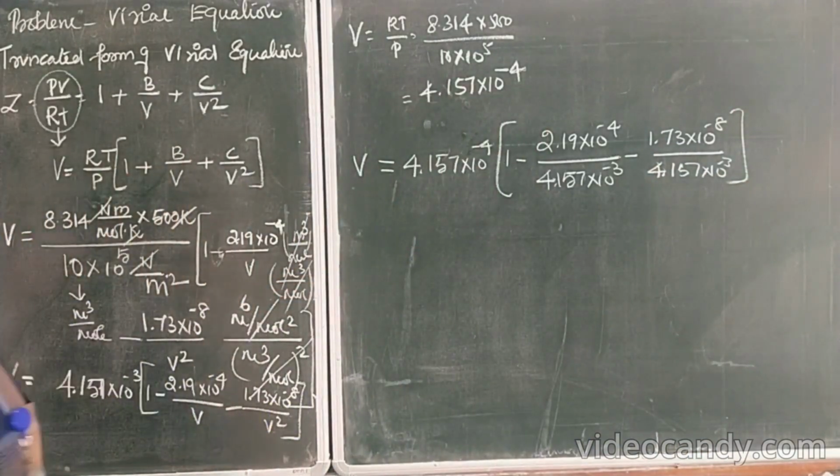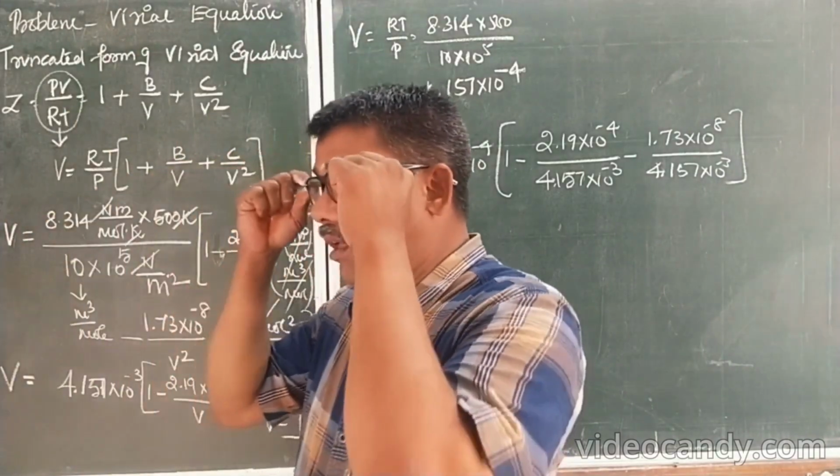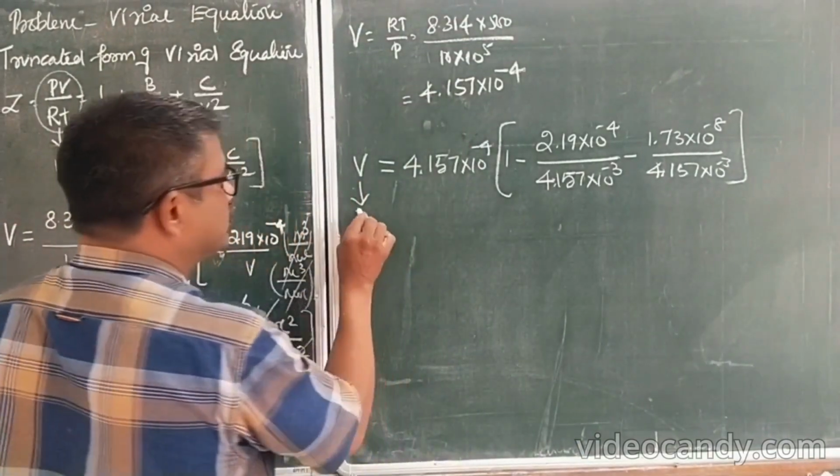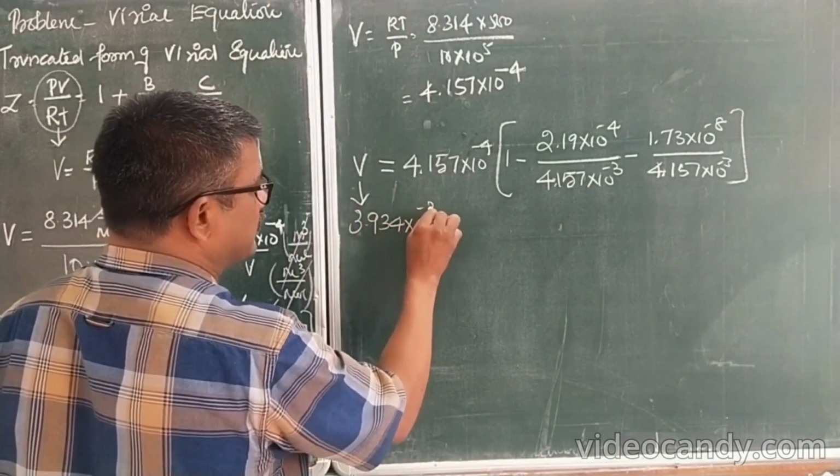Okay, now I got the value of 3.934 into 10 to the power of minus 3.